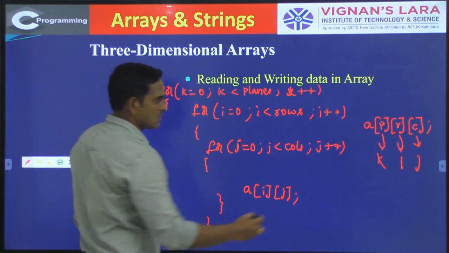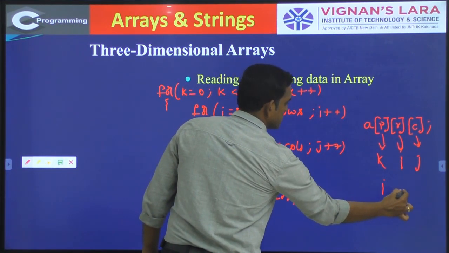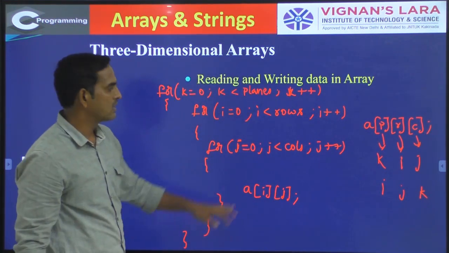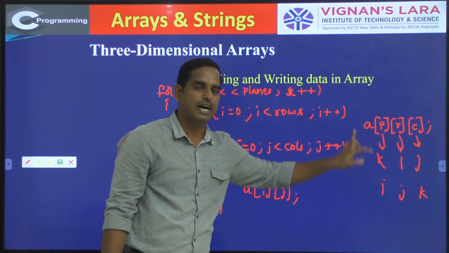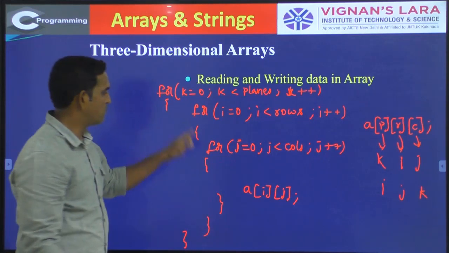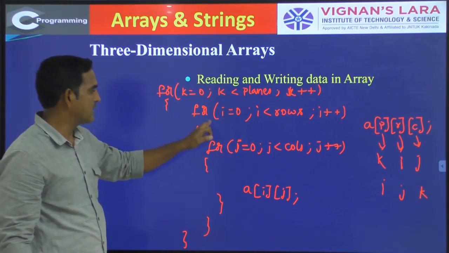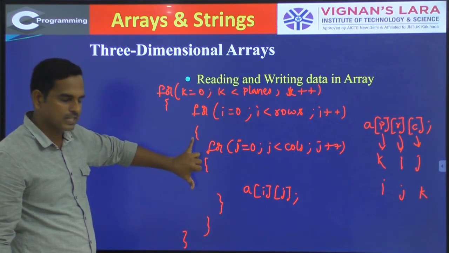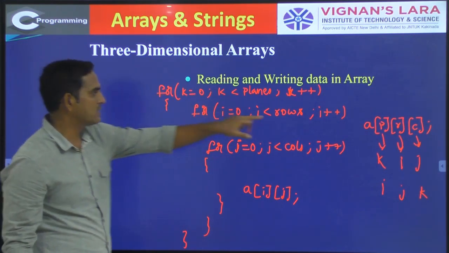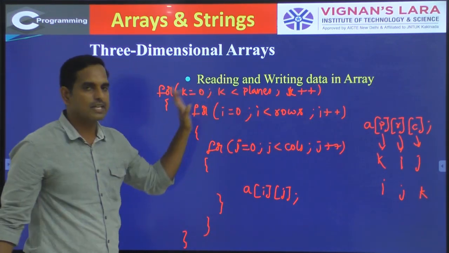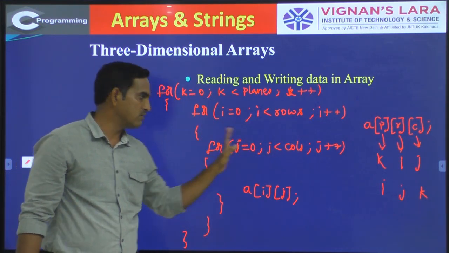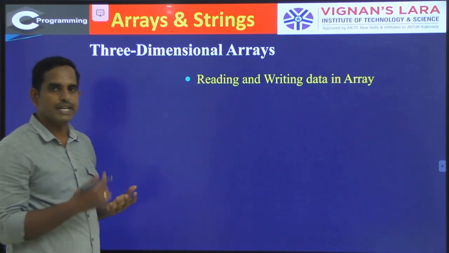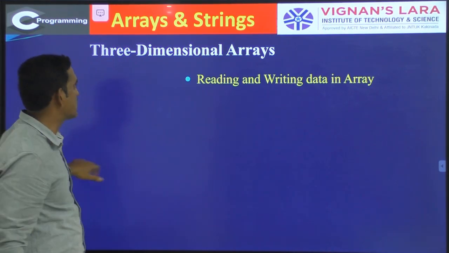In your text, this generally will be represented as i, j, k, so planes will be represented by i, j, k, like this. We will be following a pattern i, j, k. But in this example, I have taken the 2-dimensional array, same i, j, and to represent the planes, we have taken the k value. Just don't get confused by the notations here. This is how we'll be reading and writing into a 3-dimensional array.